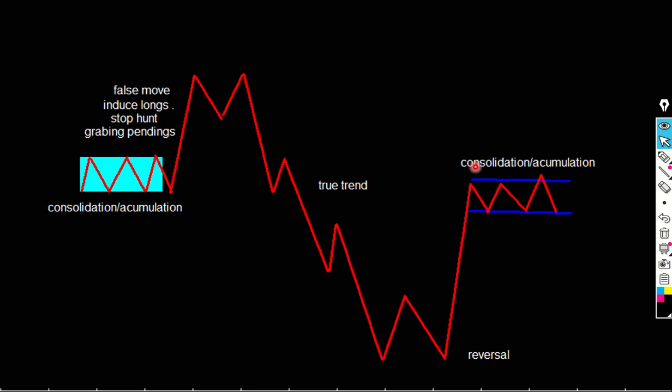So the consolidation, which is at the beginning of the day, is also seen at the end of the day. So it starts the day in consolidation and ends the day in consolidation, so that it can start to trap some people for tomorrow.